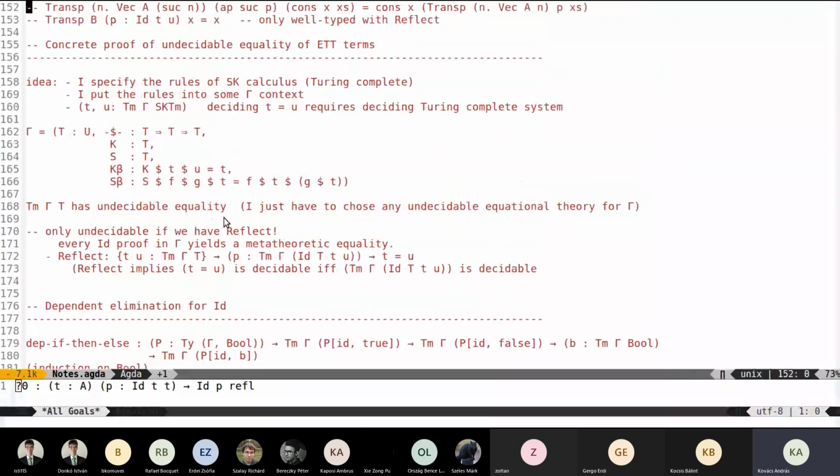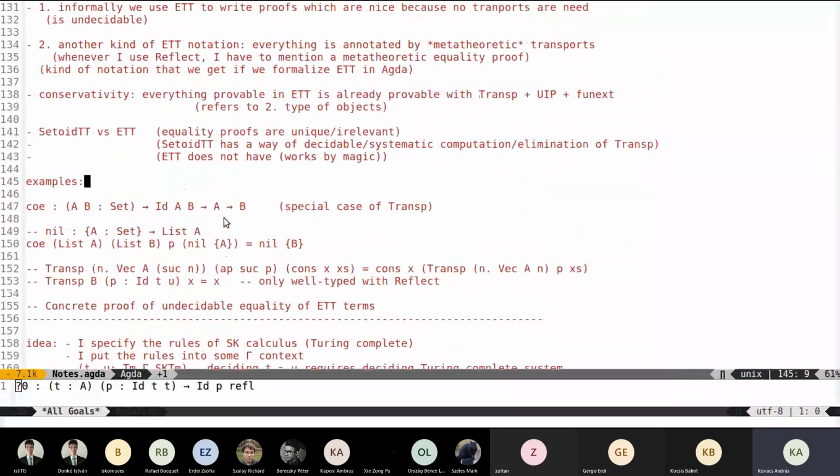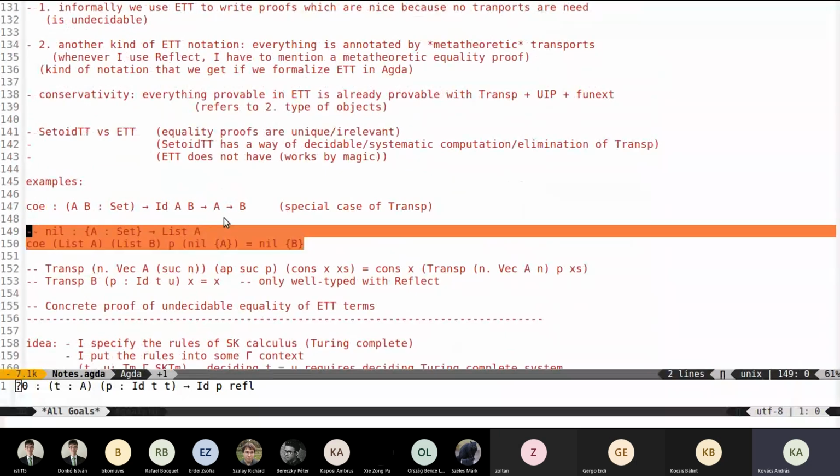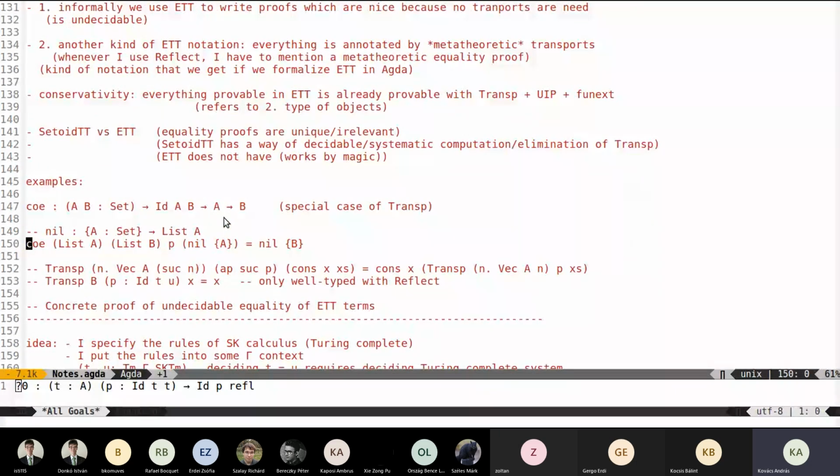Like when I was talking about these computation rules for coercion, so if I'm transporting a list, then this is a rule that I have to prove if I want to reason in intensional type theory. So whenever I have a list and I also have some transported lists, then I want to know how this transport behaves.